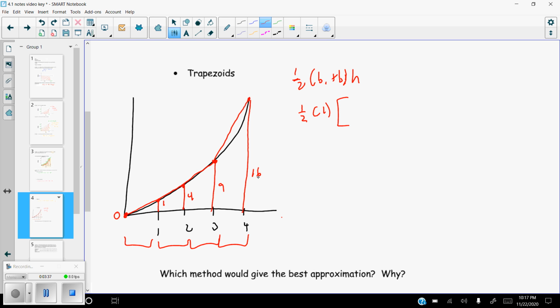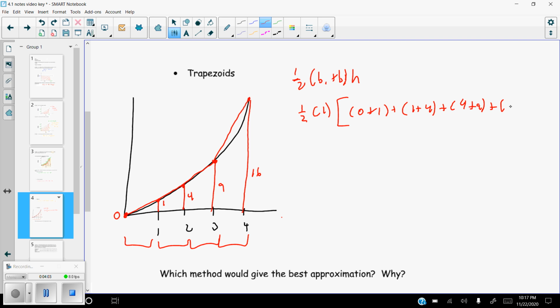So if I'm going to add these up, the first trapezoid is going to be the sum of the two bases, which is 0 plus 1. The second trapezoid is going to be the sum of the two bases, which is 1 plus 4. The third trapezoid will be 4 plus 9.